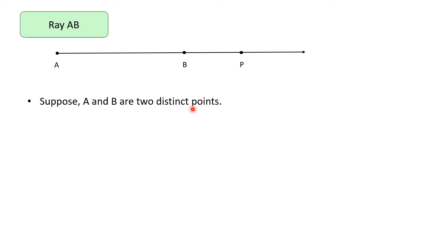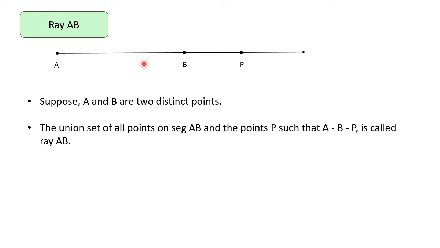Suppose A and B are two distinct points. They are not together, but they are separate points. That's why they are called as two separate distinct points. A union set, again, union means united or together, a union set of all points on segment AB, all the points between A and B and the points till point P also, such that A-B-P.